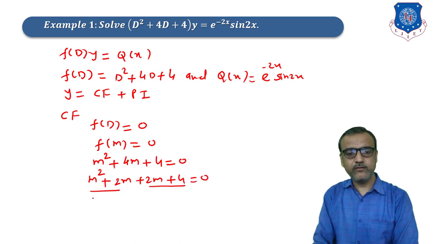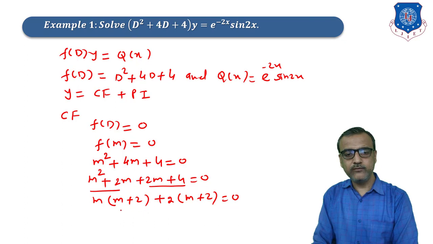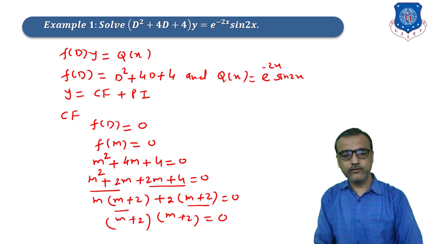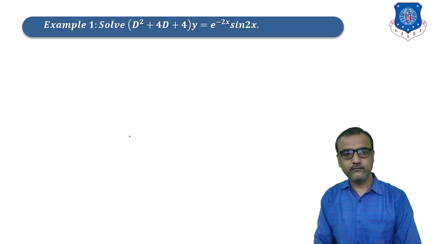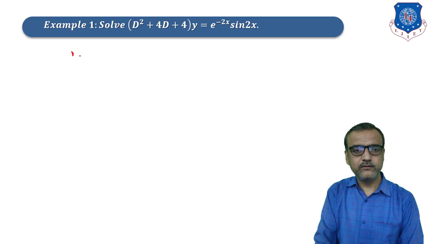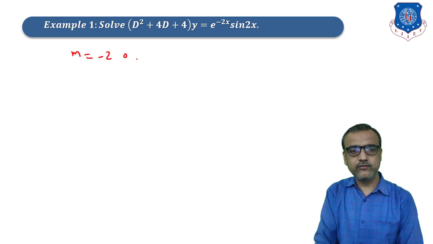Taking m common from the first two terms, we have m plus 2 in the bracket. Then taking 2 common from the last two terms, we have m plus 2 in the bracket. Now taking m plus 2 common, we have m plus 2 in one bracket and m plus 2 in another bracket, equal to 0. So we have m equals minus 2 or m equals minus 2.